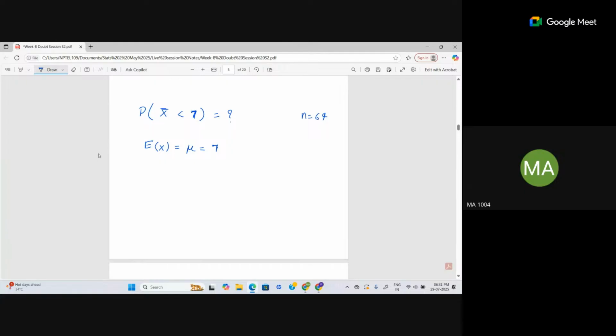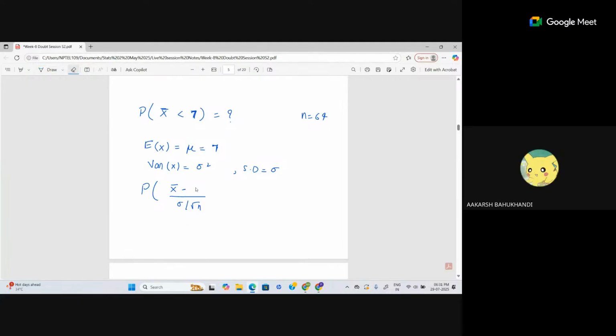Suppose the variance of x is sigma square, so the standard deviation will be sigma. When you subtract the mean, which is 7, and divide by the standard deviation of x bar, that is sigma by root n, if you remember.